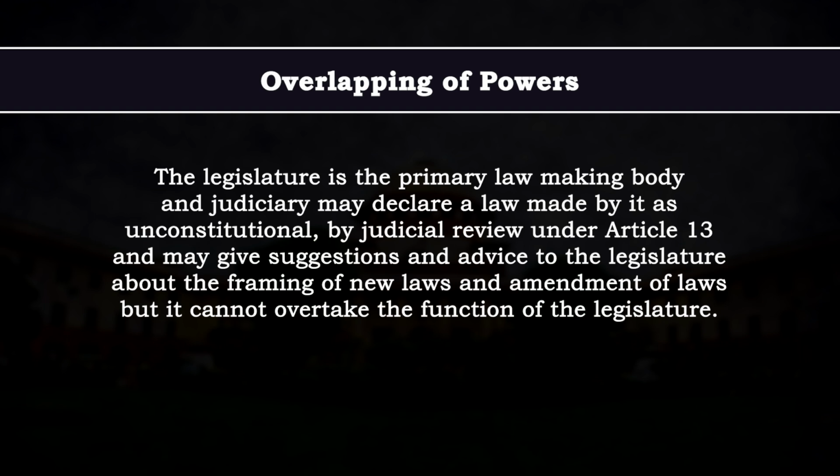Now, what is that? The legislature is the primary law-making body and the judiciary may declare a law made by it as unconstitutional by judicial review under Article 13 and further may give suggestions and advice to the legislature about the framing of new laws and amendment of the laws, but it cannot overtake the function of the legislature.